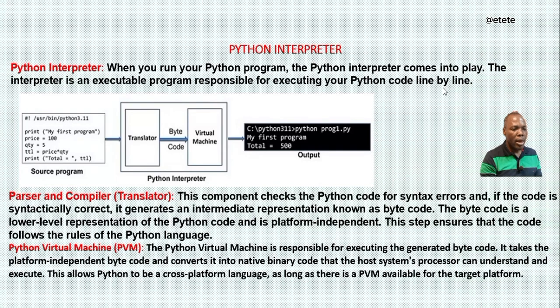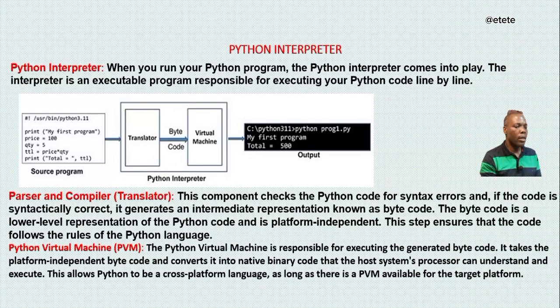Unlike a compiler, where you write the complete code and then the compiler compiles it, and if there is any error, it will not be compiled. But for the interpreter, you write all your code, and the interpreter is going to interpret your code line by line. If the first line does not have any error, it will execute it. If it sees an error in the second line, it will tell you, but it will have already executed the first line.